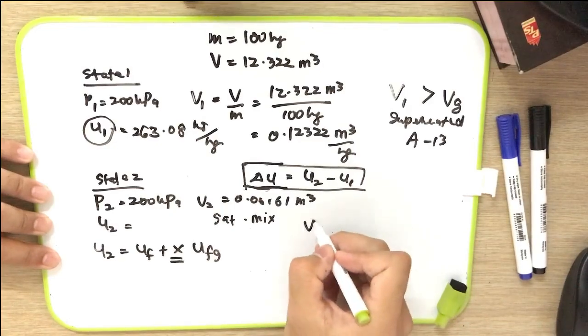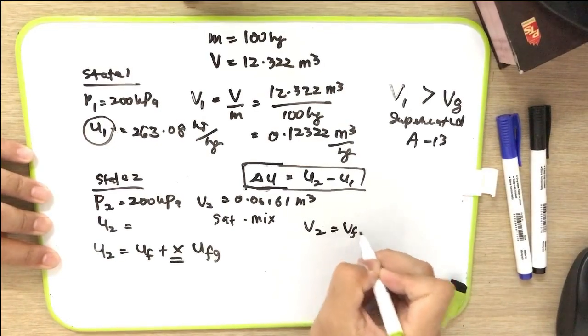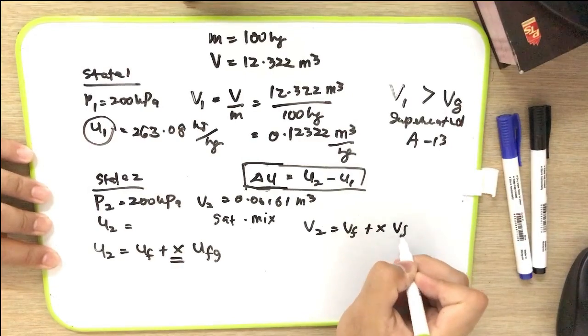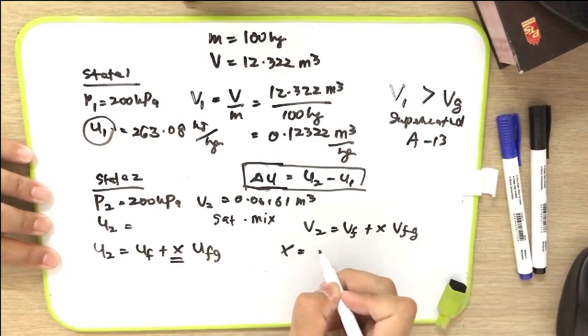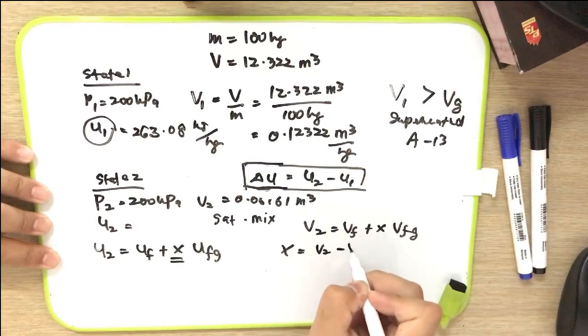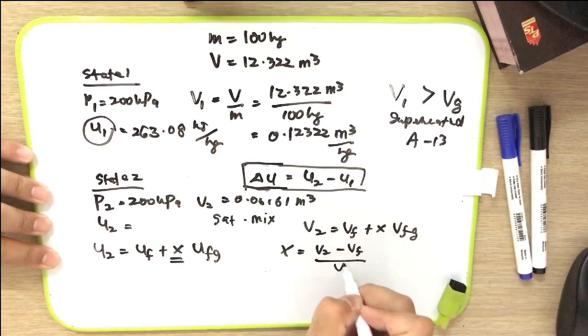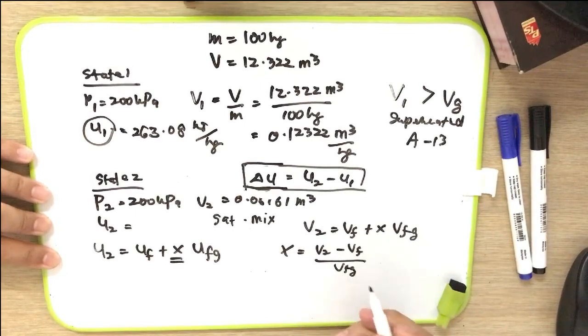How? V2 is equal to VF plus X VFG. So when we rearrange, X is equal to V2 minus VF over VFG. The VF and VFG we can find from table A12.